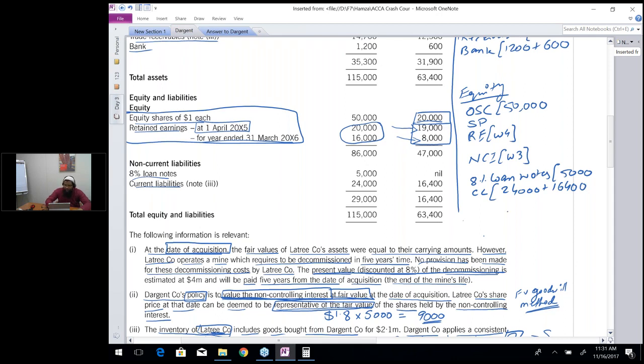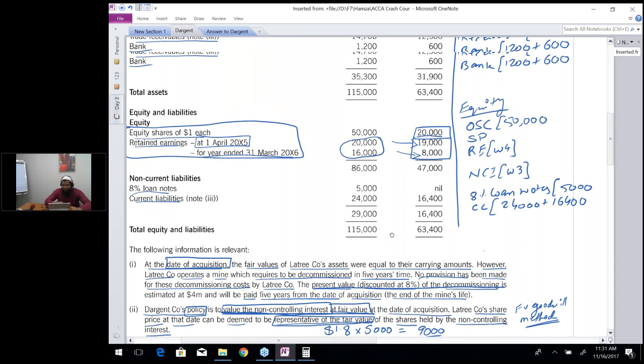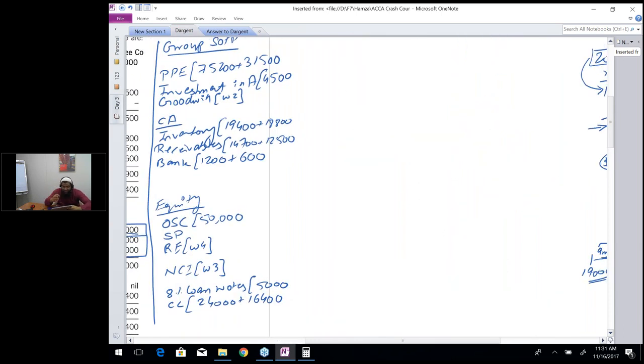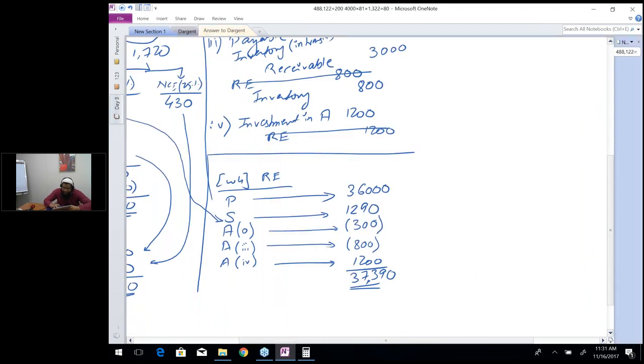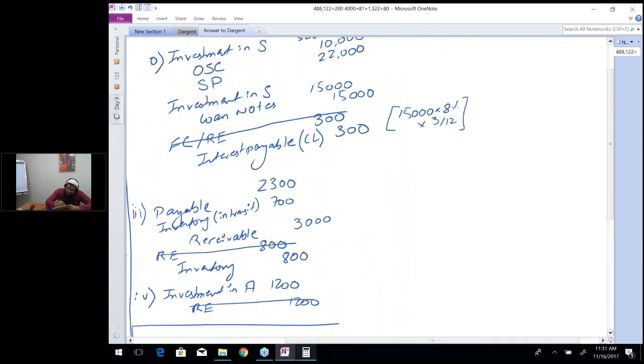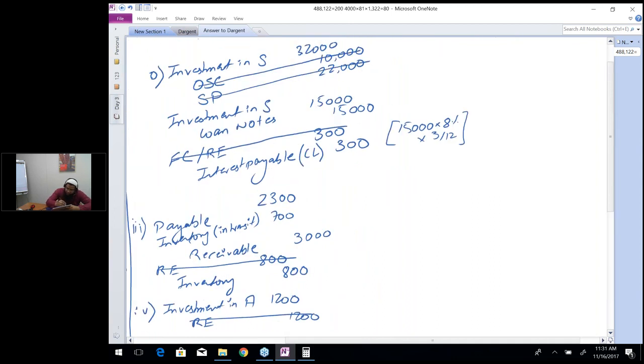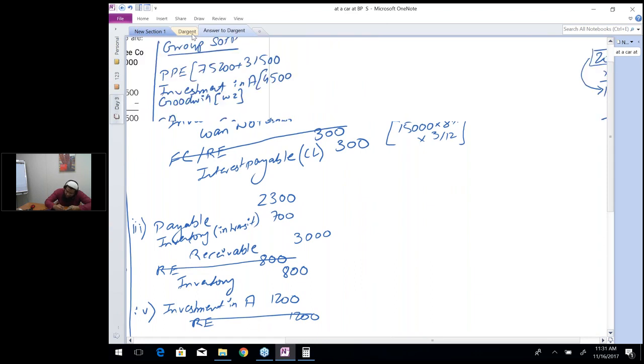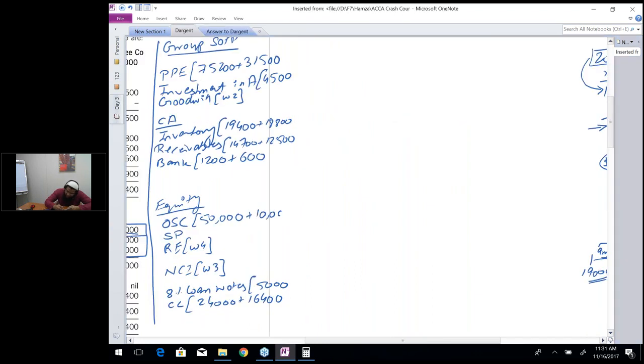So now this is the group balance sheet that we have made as a base for all. Now let's move on to the answers and incorporate the double entries. We have actually credited the share capital by 10,000 and share premium by 22,000. So share capital will increase by 10,000 and the share premium will be recorded at 22,000.